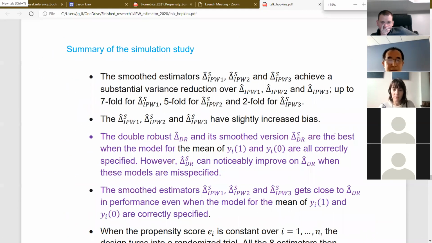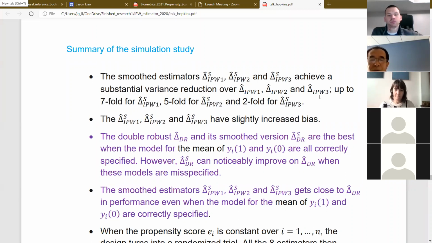The summary of the simulation study is a substantial reduction for IPW1, IPW2, and IPW3.